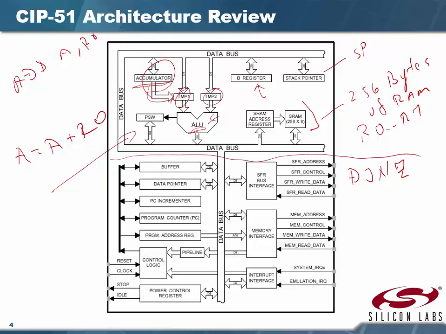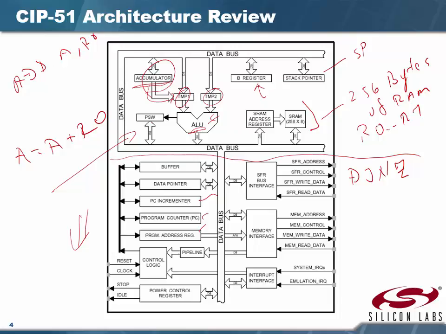The bottom part of this is everything else. Now as we look at this, we'll see things such as the program counter incrementer, the program counter that keeps track of that, our program address register. This is keeping track of where we're at in our program.